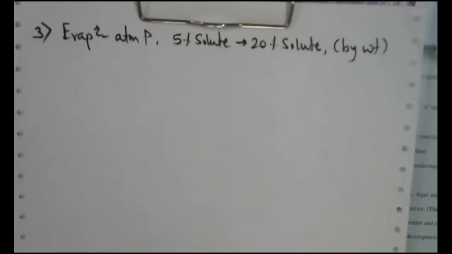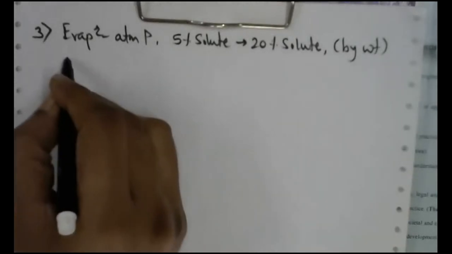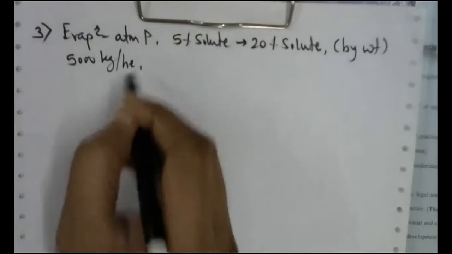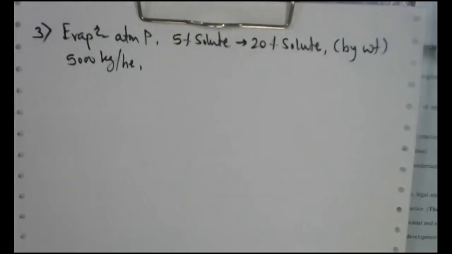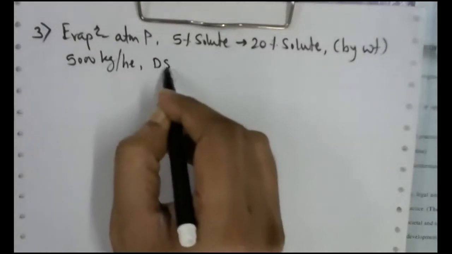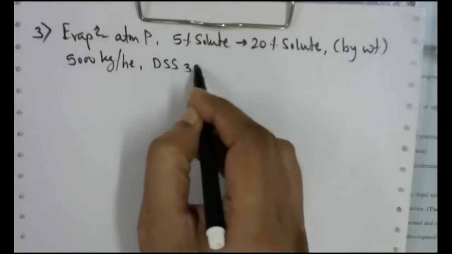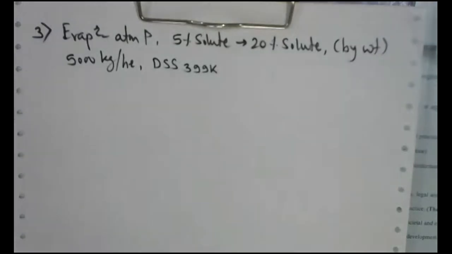The feed rate is 5000 kg per hour. Dry saturated steam at a pressure corresponding to the saturation temperature of 399 Kelvin is used as a heating media.